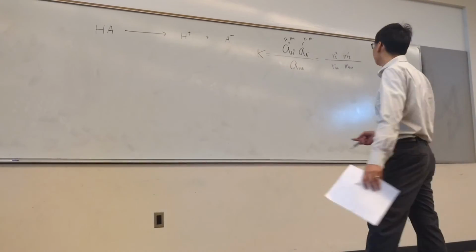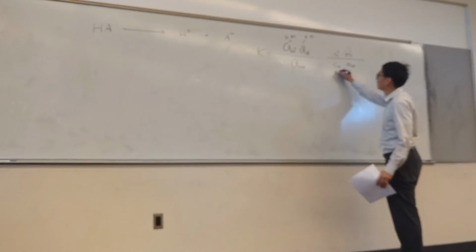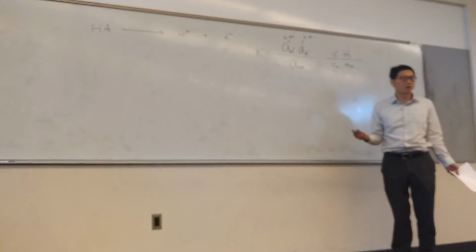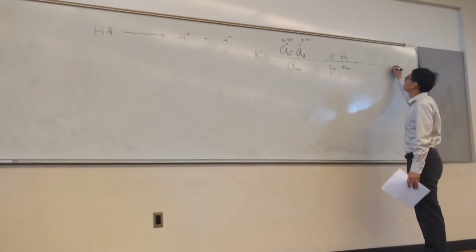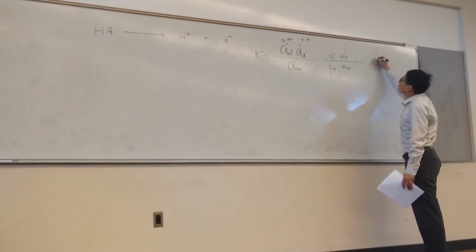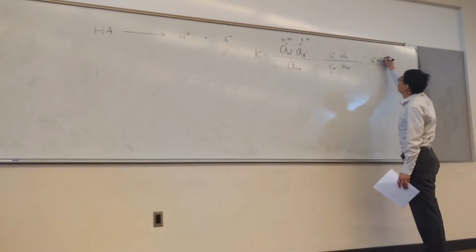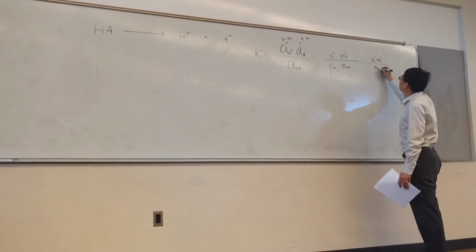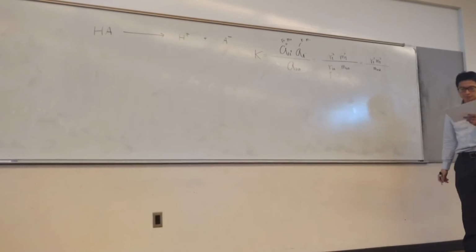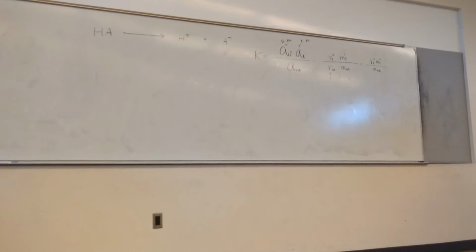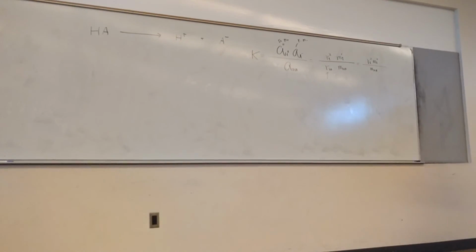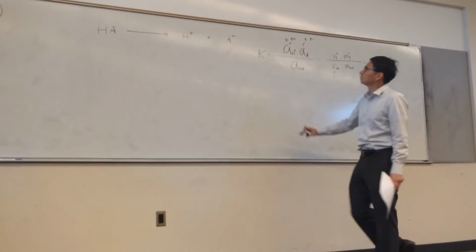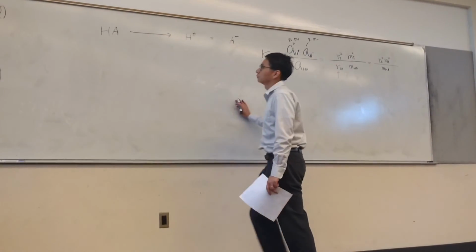So if it's a weak electrolyte, that means your gamma is going to equal 1. So this can be rewritten as gamma plus minus squared, M plus minus squared, divided by M HA. So that's the equilibrium constant, right?